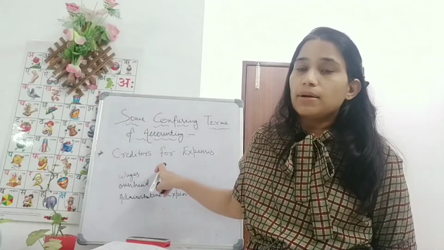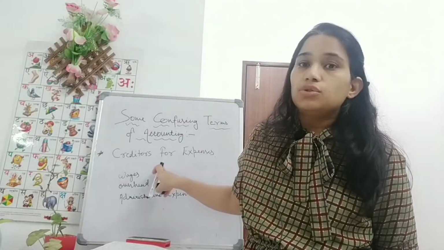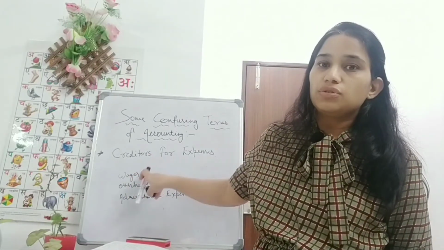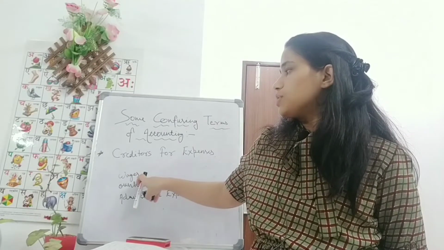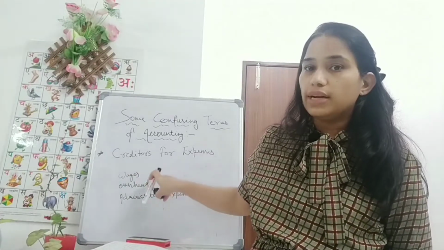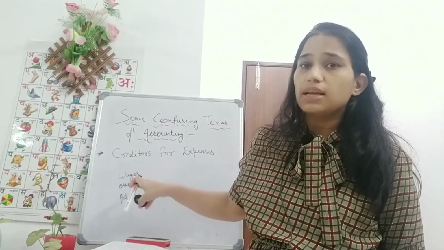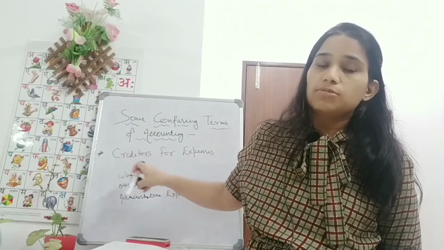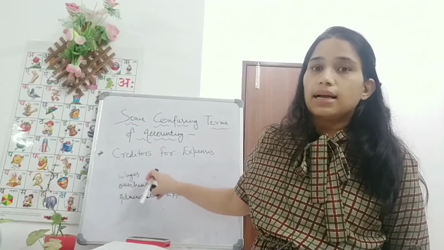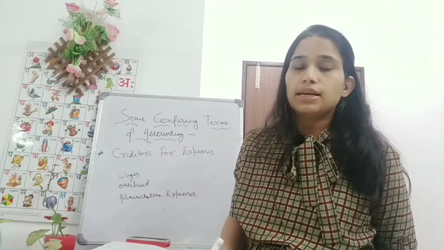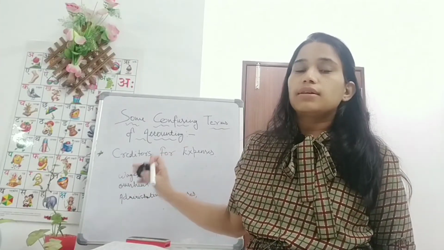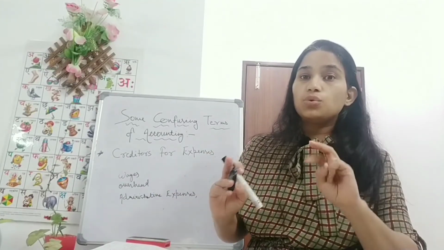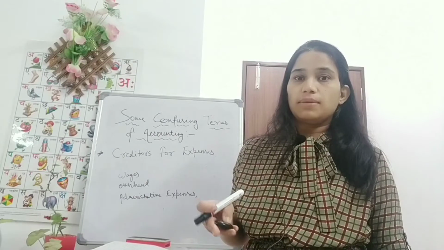When we prepare a balance sheet, then we will add it to the expenses with which this is related. Like if it is creditors for expenses related with wages or overhead charges or administrative or rent or something, then we will add it as accrued expenses in that particular expense, and again we will show it in the liability side of the balance sheet. So the creditors for expenses we are going to show in two places of the final accounts of the company.